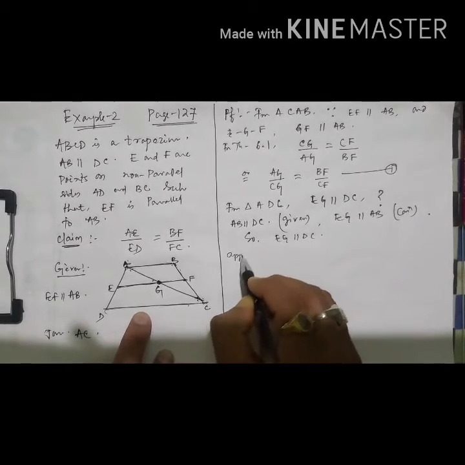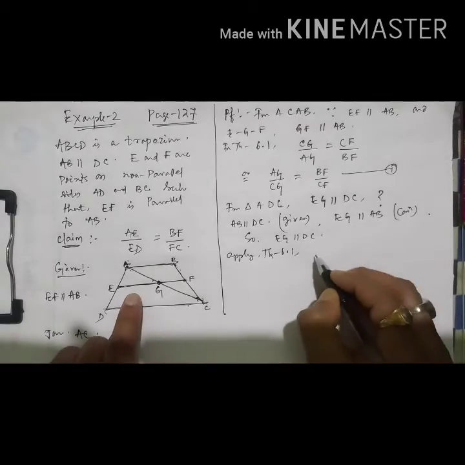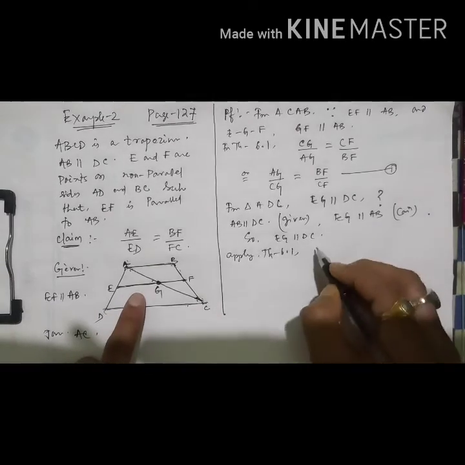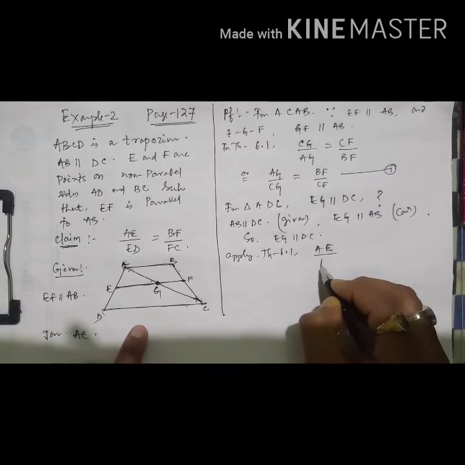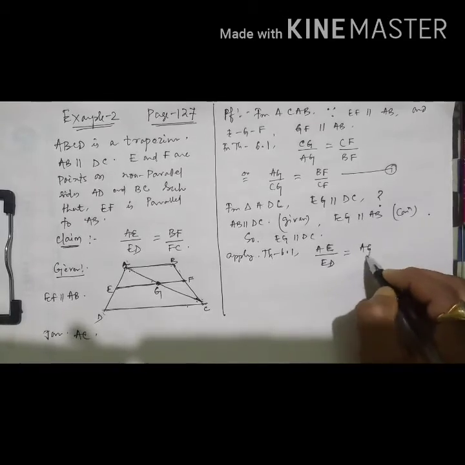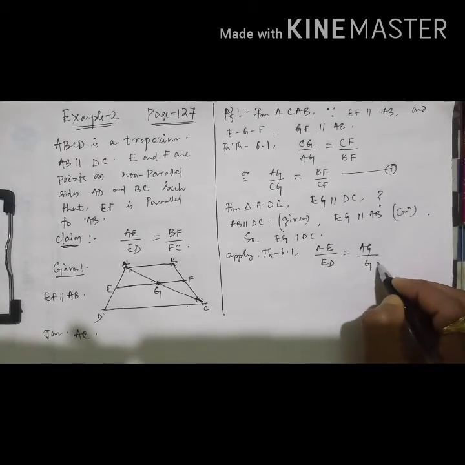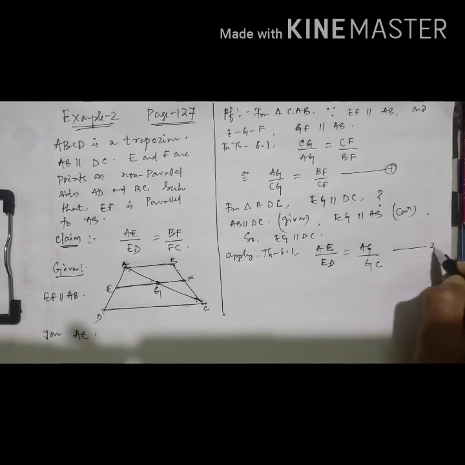Now you apply here theorem 6.1. Hence EG parallel to DC, we can write AE by ED equal to AG by GC or CG. So here taking equation number 2.